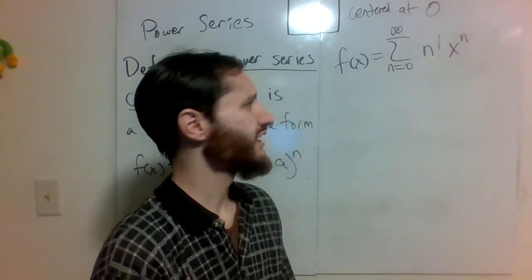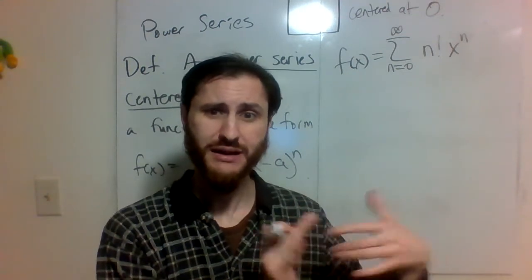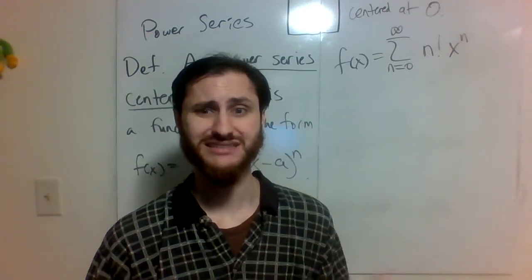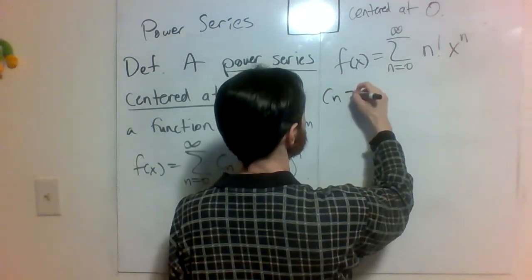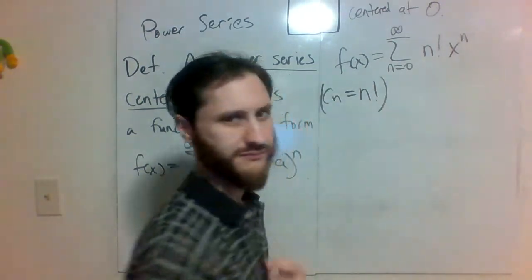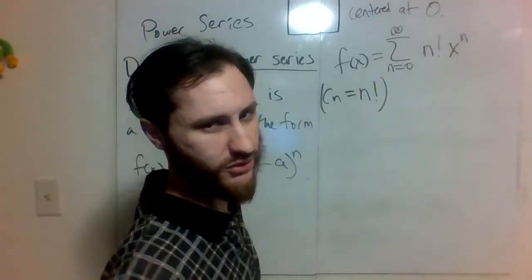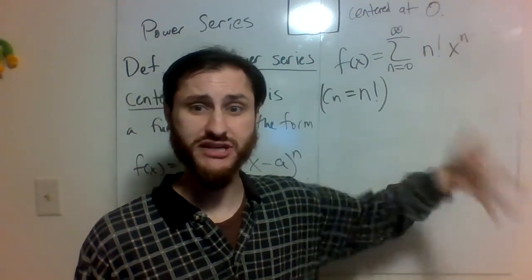And I also like to remove the x to the n, or x minus a to the n, part and identify what the sequence of coefficients is. The sequence of coefficients is just the sequence n factorial.